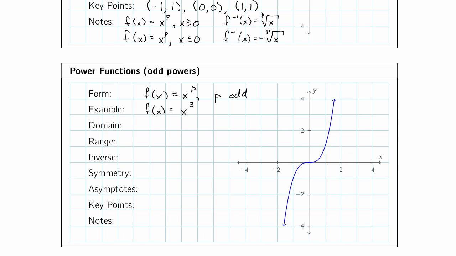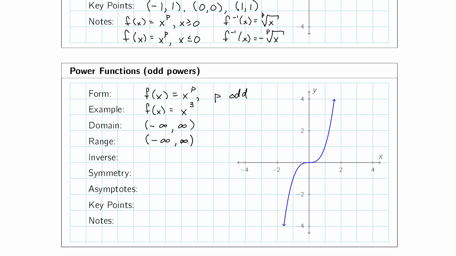Larger odd powers of p, again, will be flatter near x equals 0 and steeper when x is far from 0. Like the even power functions, the domain of an odd power function is all real numbers. Unlike the even power functions, their range is also all real numbers.